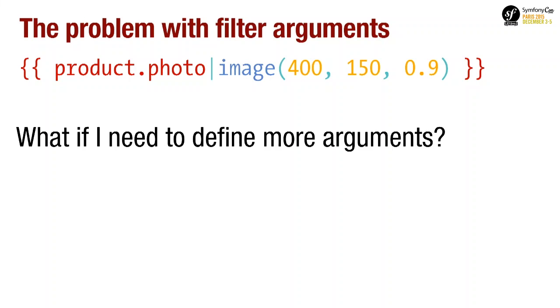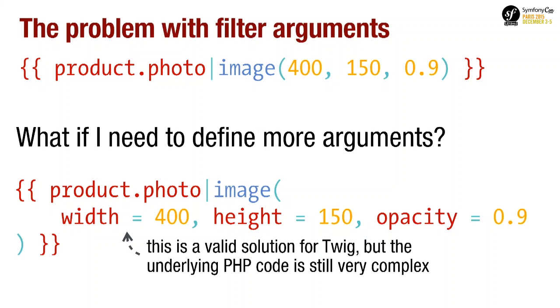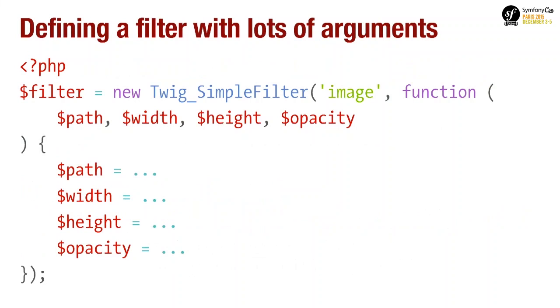Well, for Twig, there is not a problem at all, because in Twig, arguments are named. So even if the filter defines 10 arguments, you can define the 3 that you need by their name, and that's it. So the Twig template is always going to be great. The problem is the PHP code behind this is going to get more and more complicated. So instead of adding more and more arguments, you can do this.